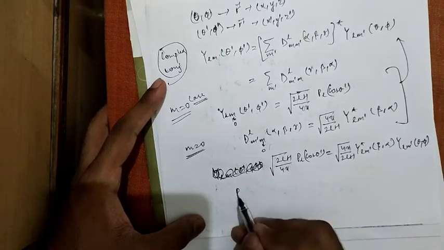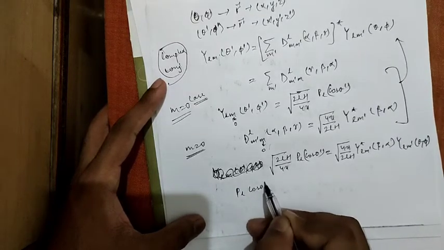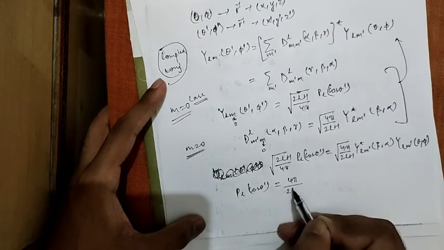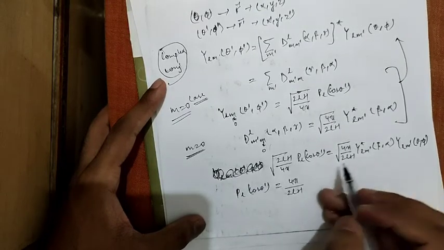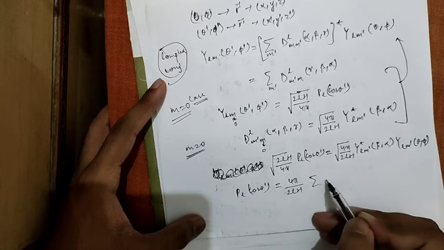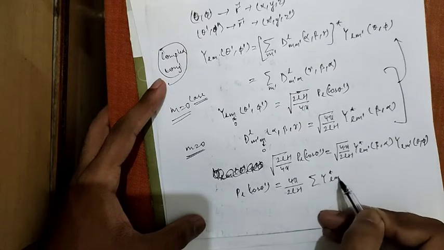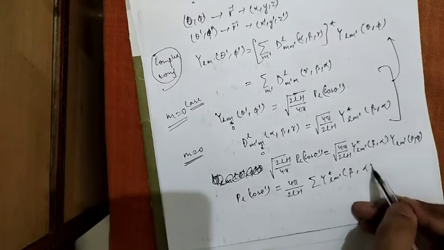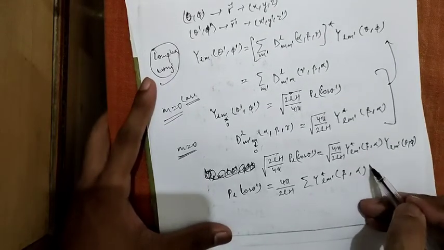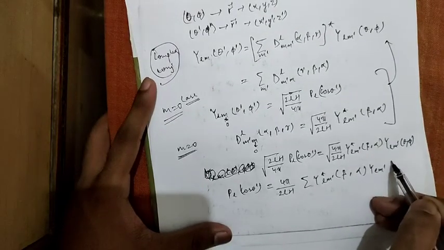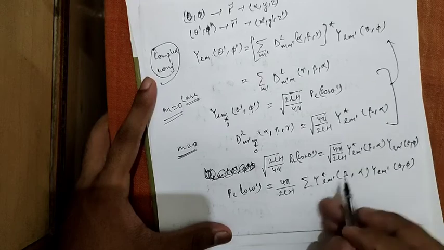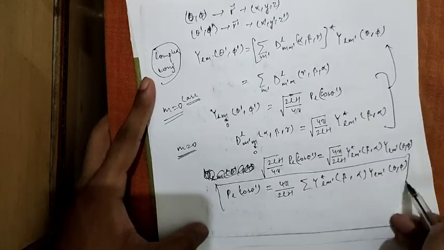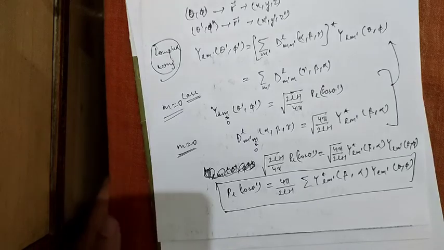And the value of P_l(cos theta dash) is equal to 4 pi by (2l plus 1) summation of Y*_{lm dash}(beta, alpha) Y_{lm dash}(theta, phi). So this is the addition theorem of spherical harmonics.